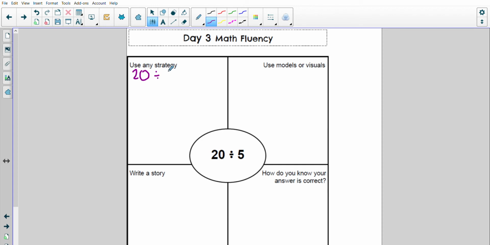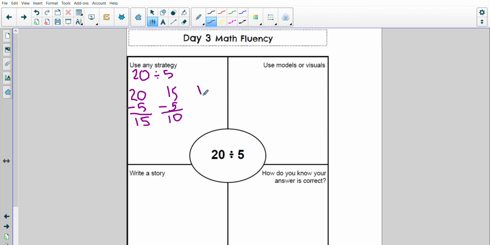I start with a total. So my total was 20. And I'm going to subtract the 5. So 20 minus 5 I know is 15. Take the difference of 15, put it up to the top. Again, still subtracting this 5. So 15 minus 5 I know is 10.